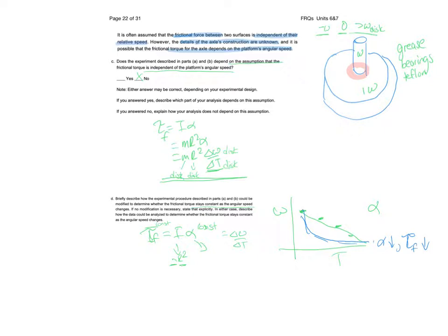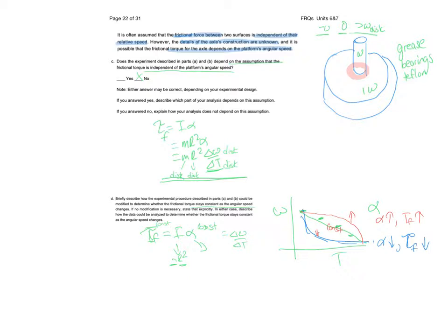Or if it got larger for some reason as omega decreased, it would look like this. In that case, alpha would increase, which would mean that the frictional torque would increase with decreasing omega. So there are 3 different possibilities here: this tells us if it's constant, this tells us if it's increasing, and this tells us if it's decreasing.